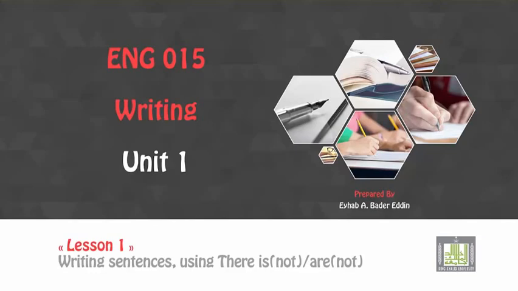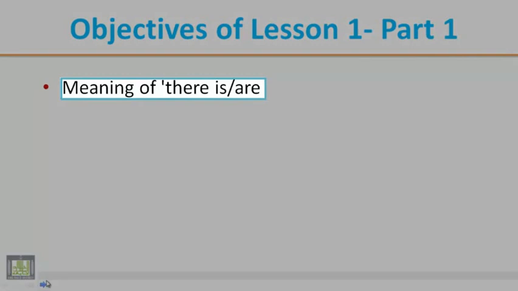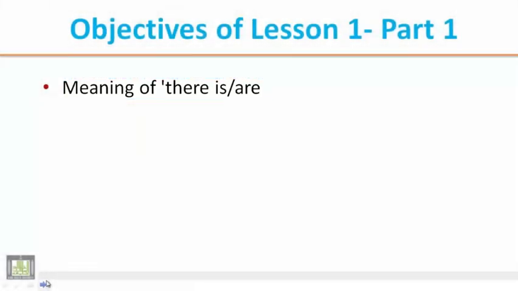To start with, we are going to have a look at the objectives of lesson 1 and part 1, which means أهداف الدرس الأول هي. We will let the student know what the meaning of there is or there are is. سنطلع الطالب على معنى there is أو there are, which means هناك أو ثمة.